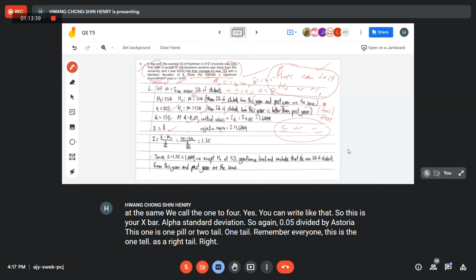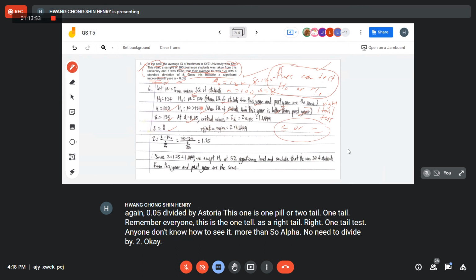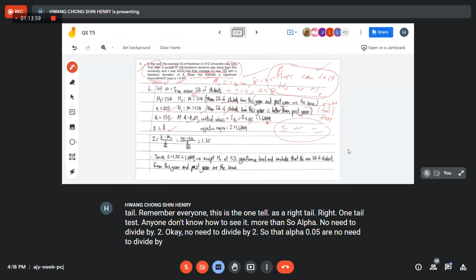Right, one tail test. Anyone don't know how to see? More than. So alpha, no need to divide by 2. Okay, no need to divide by 2. So Z alpha 0.05, no need to divide by 2, one tail test.